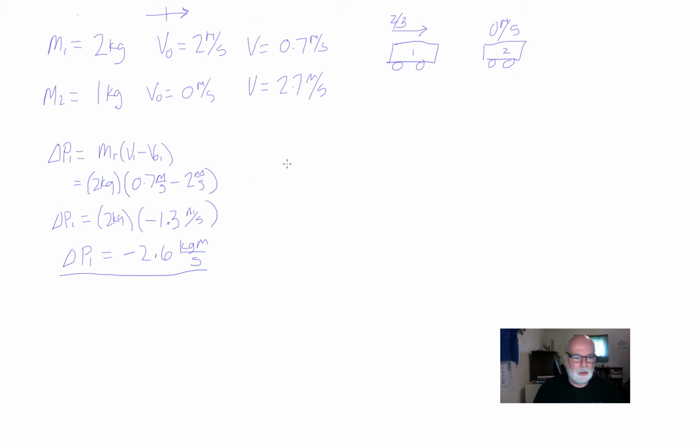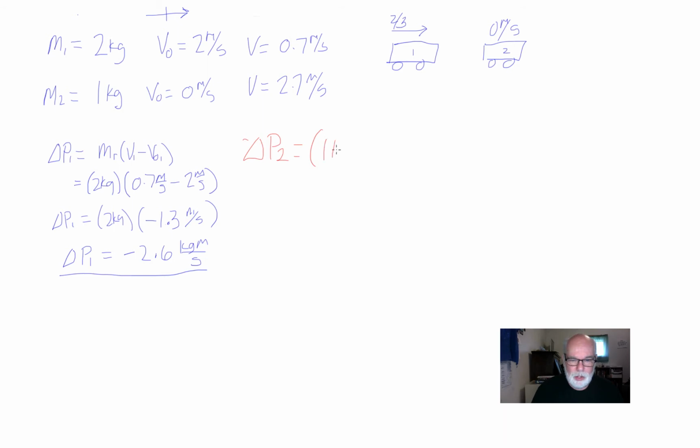Now if I go over to do delta P2, let's see if I can change the color of this pen. I'm still pretty new with this software, so you'll have to give me a little bit of slack here. Delta P2 would use this same equation, and I'm just going to put the numbers in.